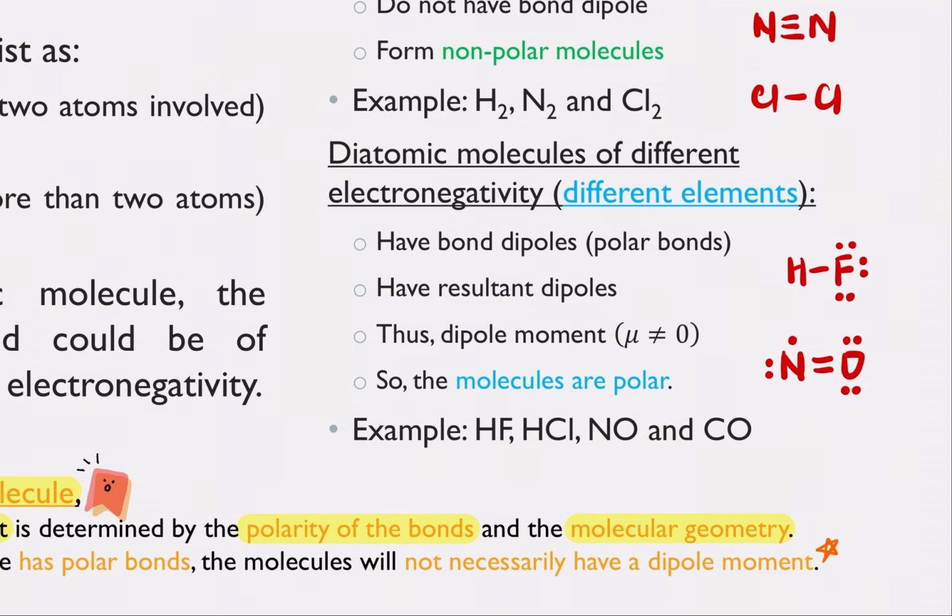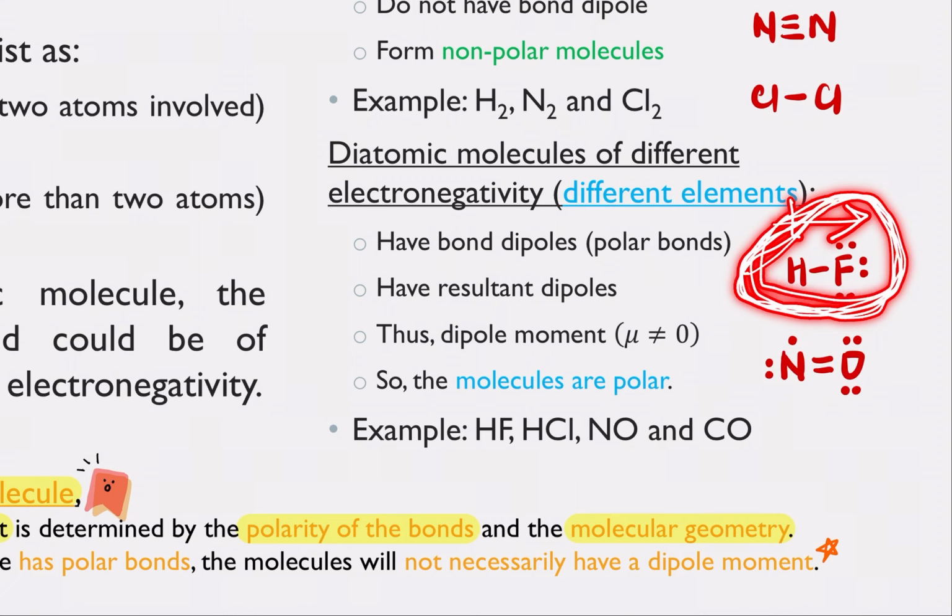That means your bond dipole will be like this, towards fluorine. So fluorine will be the region of higher electron density. That means your mu will not be equal to 0 because your molecule is polar.